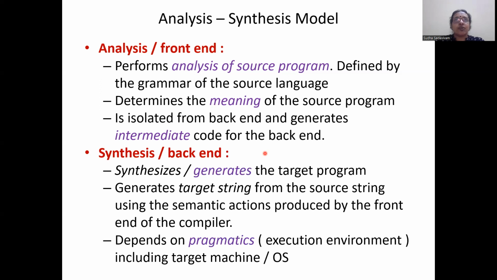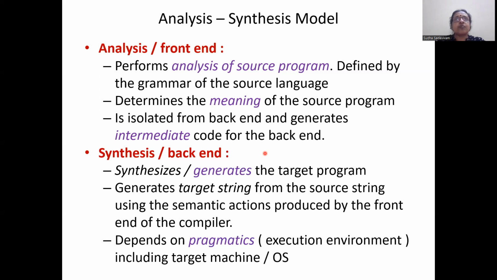The second module, known as the synthesis or the backend module of the compiler, basically deals with generating the target program which could be understood by that particular machine for which the compilation occurs. It generates the target string from the source program using semantic actions in the front end of the compiler.